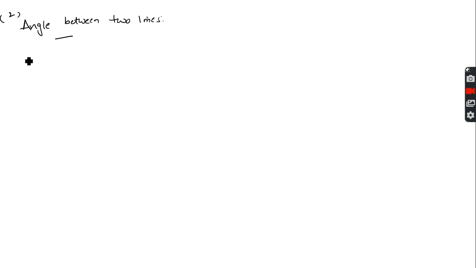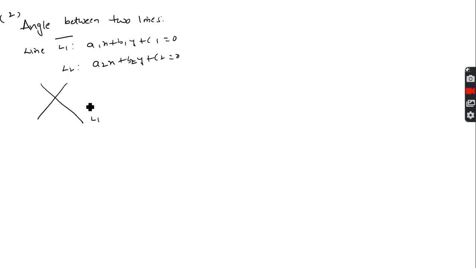Line 1, that is L1, a1x plus b1y plus c1 equal to 0, and line 2, nothing but a2x plus b2y plus c2 equal to 0. So these two lines are intersected. This is line 1 and this is line 2.